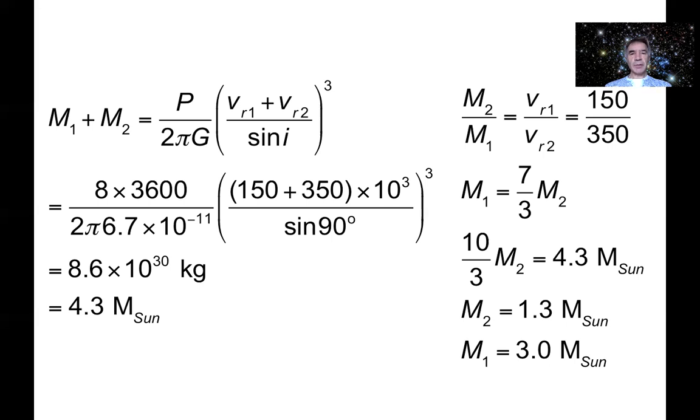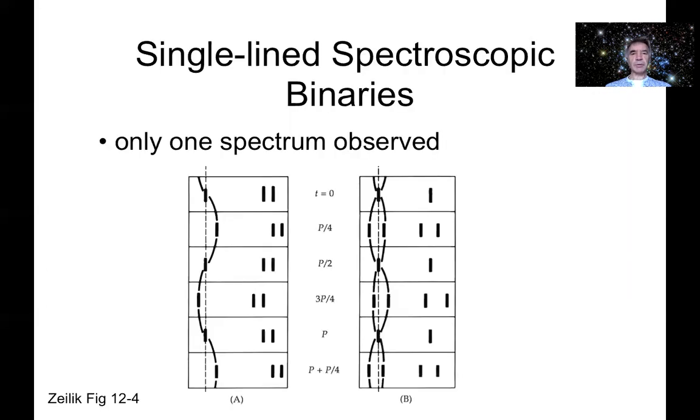Okay, so that was a double-lined spectroscopic binary. But there's another type of spectroscopic binary, where we basically only see one star in the spectrum moving to and fro. We just see the one set of spectral lines. So the other object is basically too faint or too weird, as we might see in a moment, to have spectral lines.